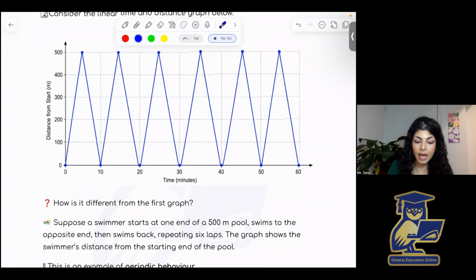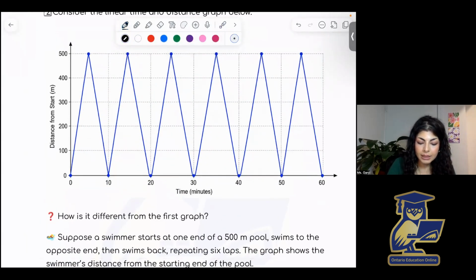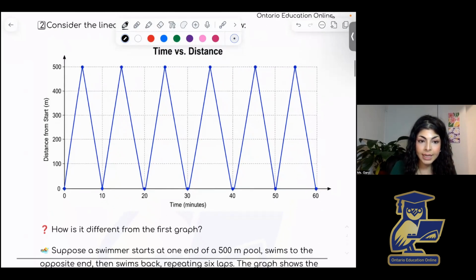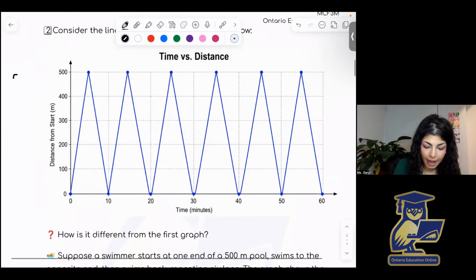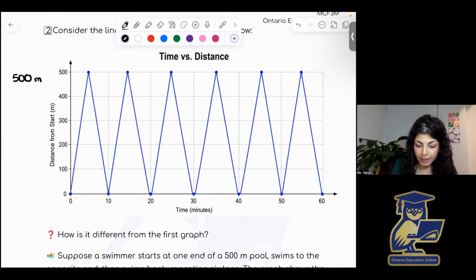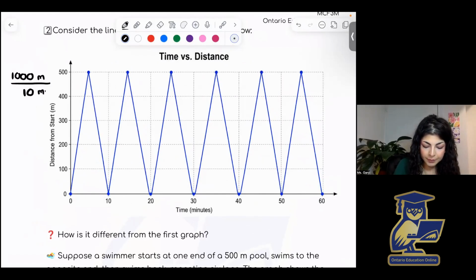And of course, because we can interpret this as kind of like an isosceles triangle here, we can say these two speeds are the same. So at each point, he is going at 500 meters, or actually, I can even interpret it as 1,000 meters over 10 minutes.